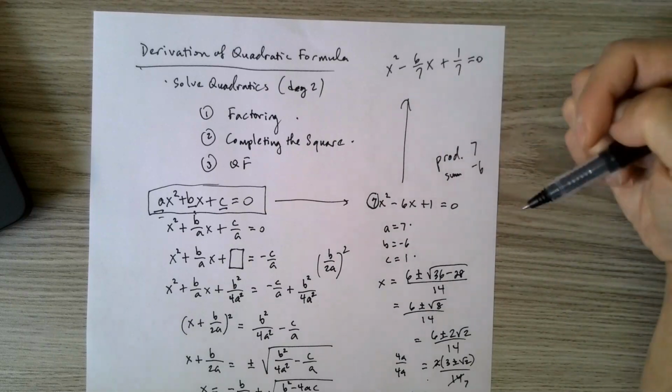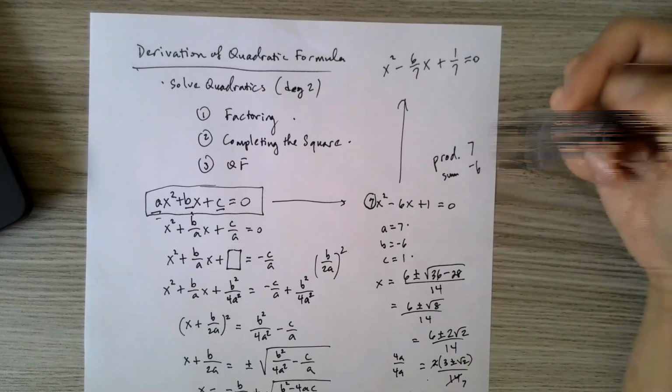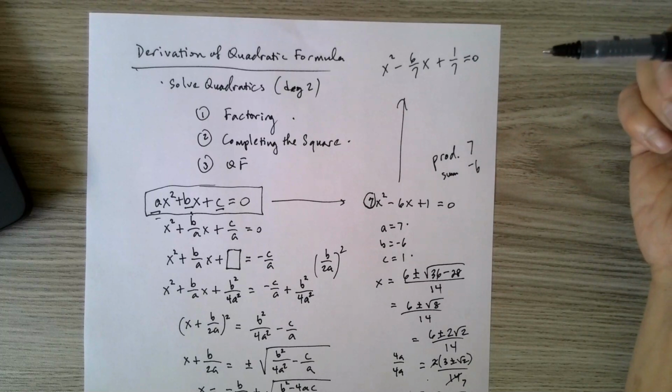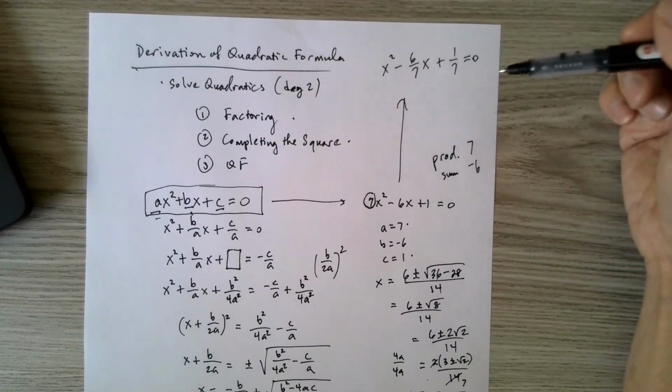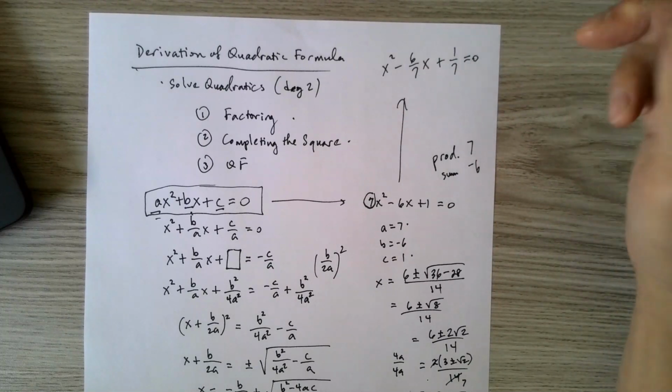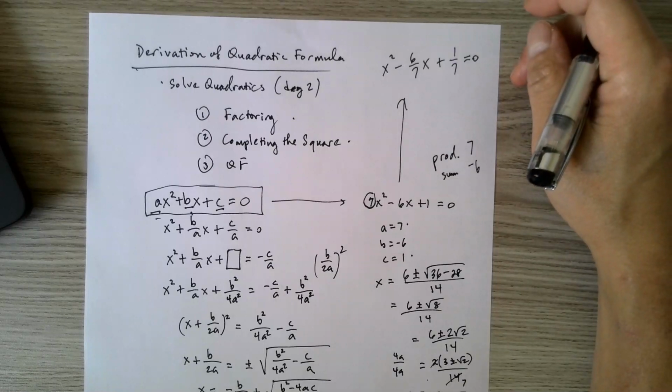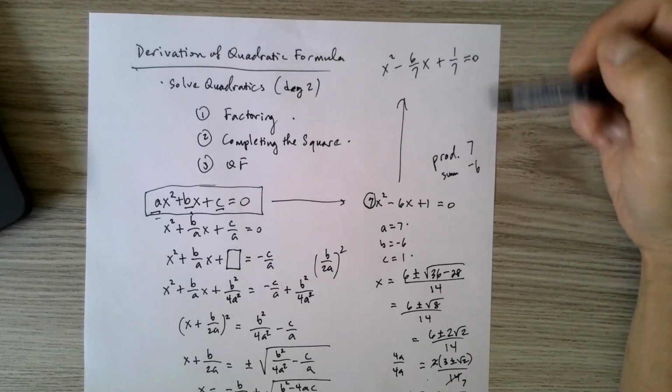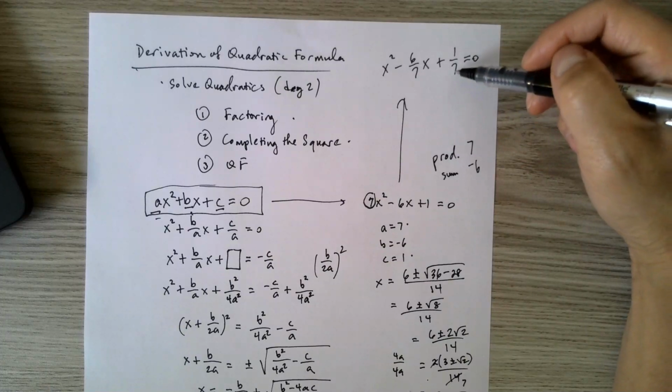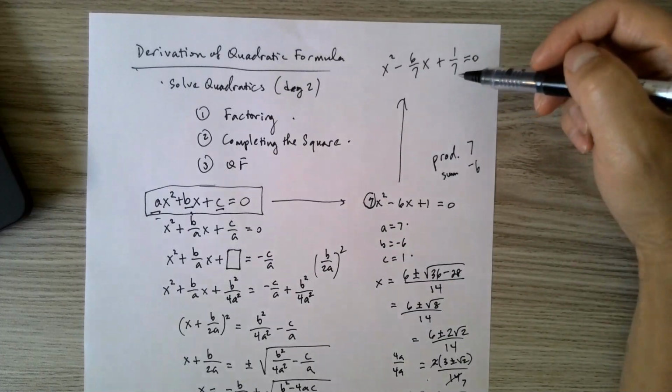And then you go ahead and complete the square from there. But if you know anything about the steps of completing the square, if you've got fractions like 6 over 7 and 1 over 7, it's not that fun. Unless you love fractions with prime number denominators.